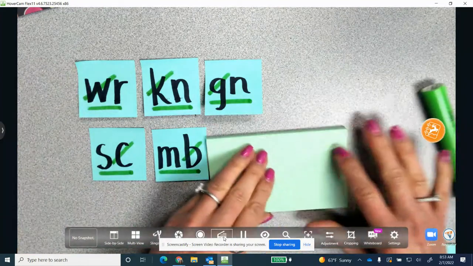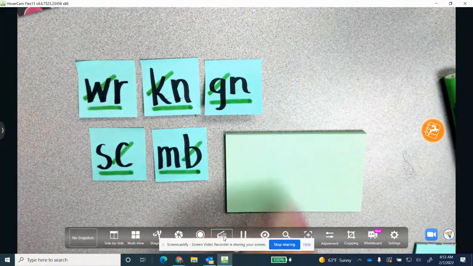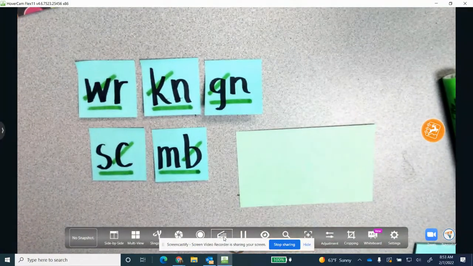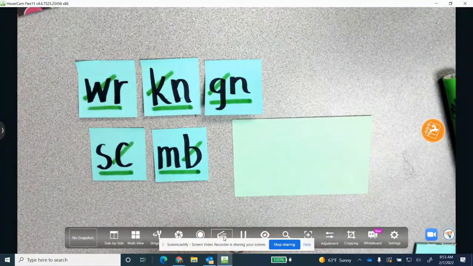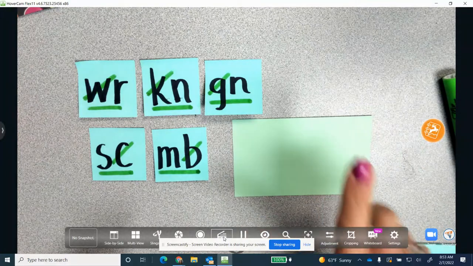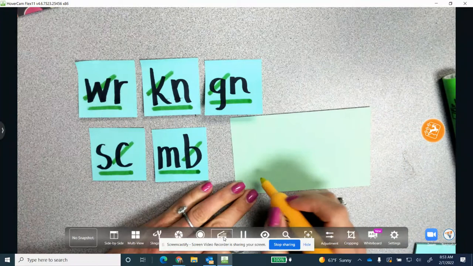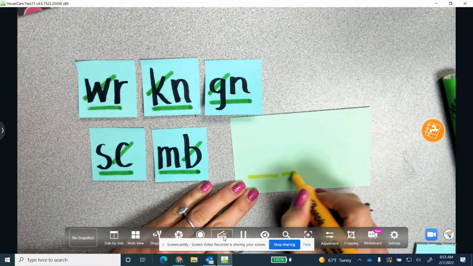So now let's start with our first word. Comb. I comb my hair after my bath. Comb. And we're going to use this spelling pattern. Comb.